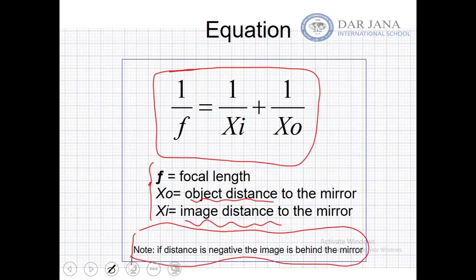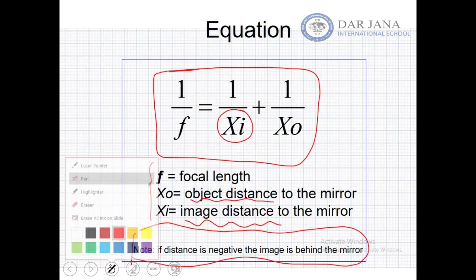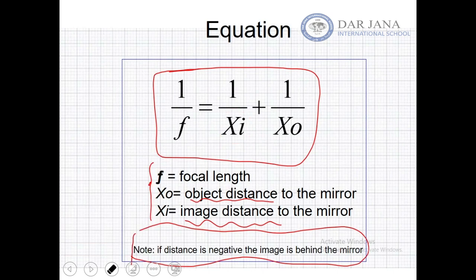In the question, sometimes we may give you XI as positive, but mention it's behind the mirror. So during substitution, during calculations, XI will be negative and not positive. So far so good. This is the equation.